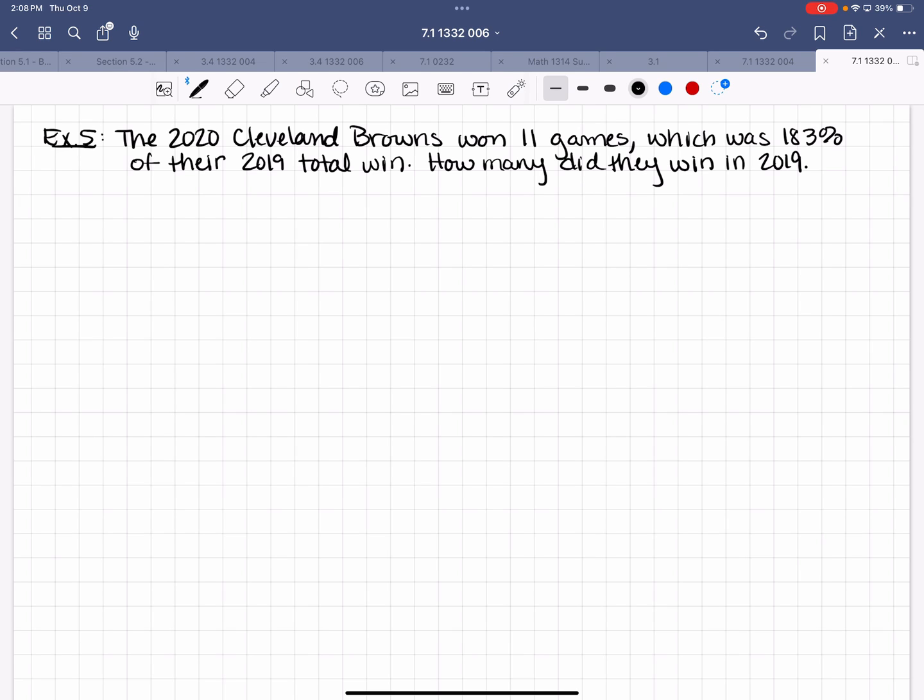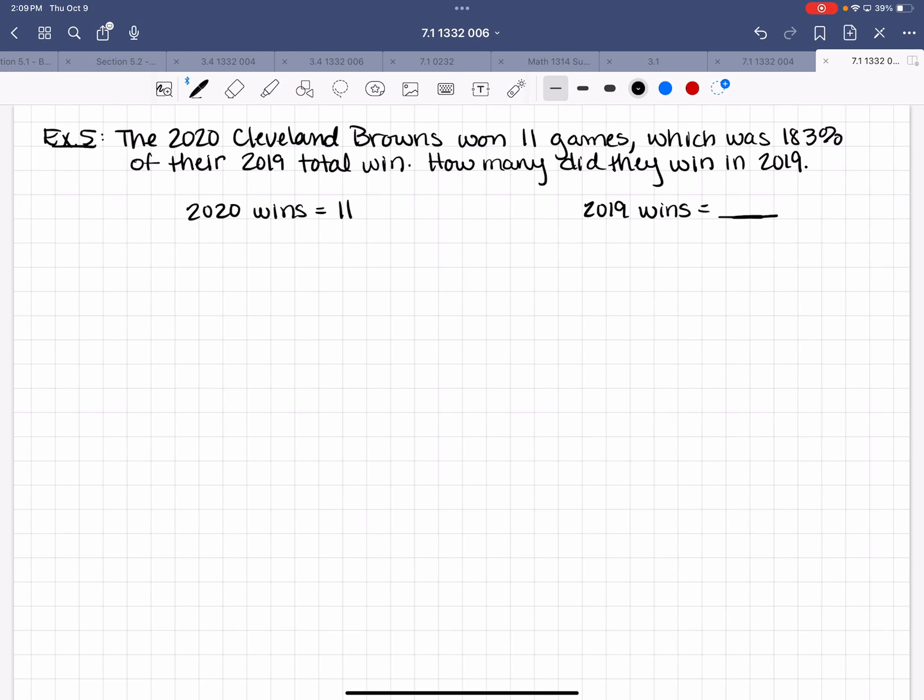Okay, so our question is, what were their 2019 wins? That equals blank. We know that their 2020 wins equaled supposedly 11 games, even though that's supposedly wrong.